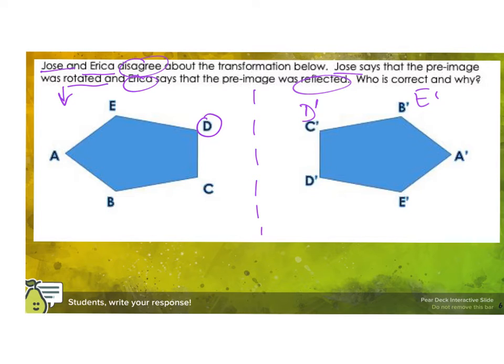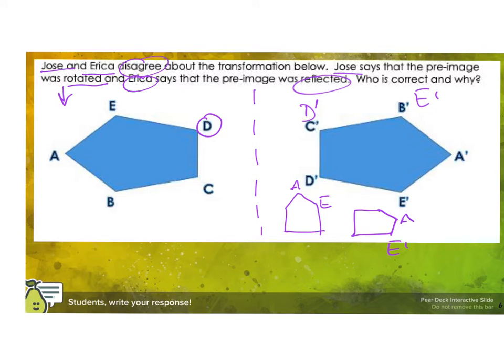If I turn it, so first if I turn it up and it looks like that, the A would be here, the E would be here. Then if I turned it again, the A would be here, the E would be here. So this was a rotation. It was turned clockwise.